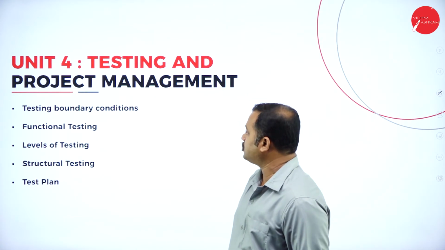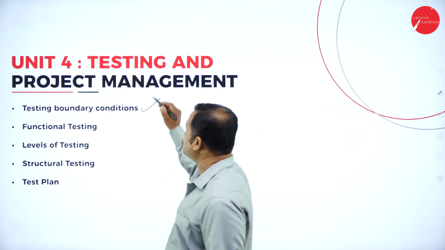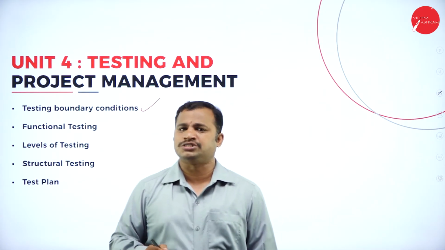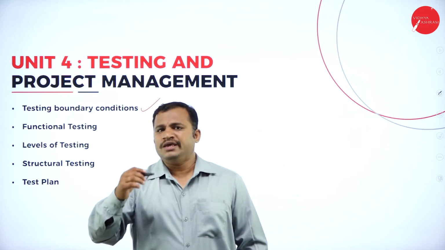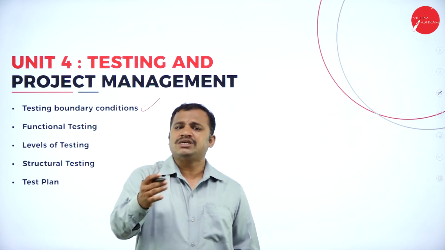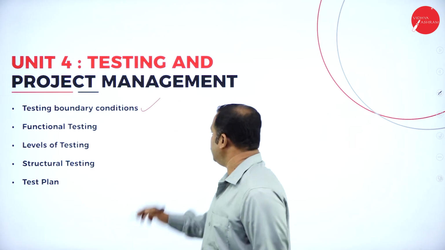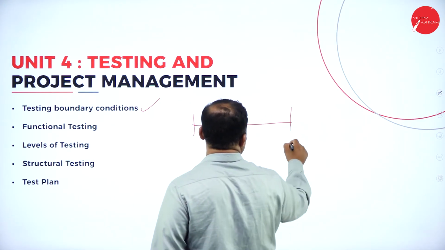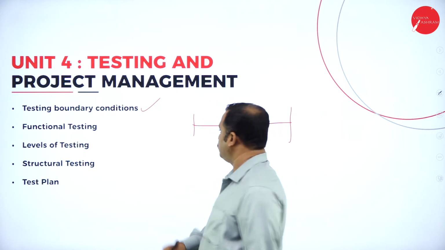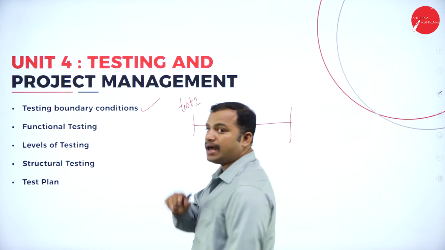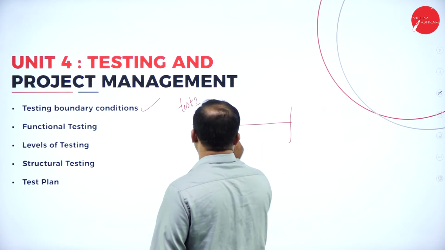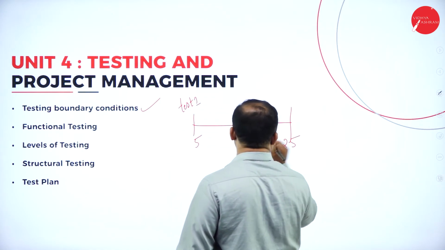Similarly, you will come across test boundary conditions. What is the meaning of boundary conditions here? The name itself says that. Suppose there is any data which is out of bound, that means there is a margin from here to here. The test requires certain parameters ranging from 5 to 25.